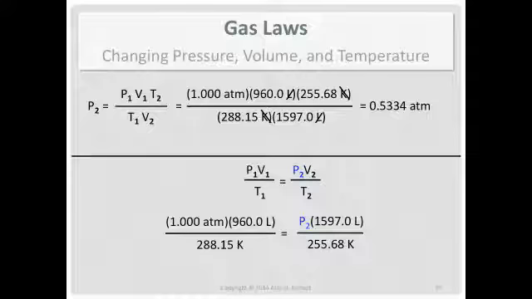Remember, in chemistry, when we're doing calculations, your chemistry instructors are fanatical about making you show work. So in order to do this properly, we have to isolate P2, which means we have to multiply both sides by the reciprocal of that information in red.